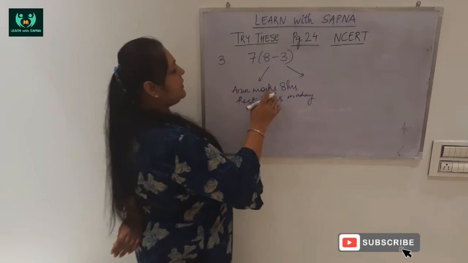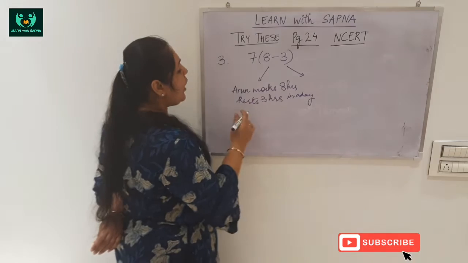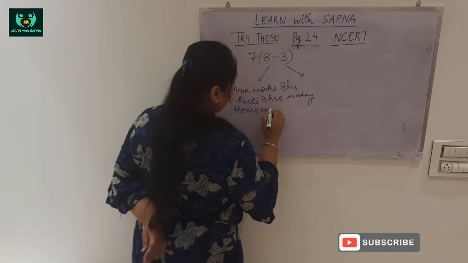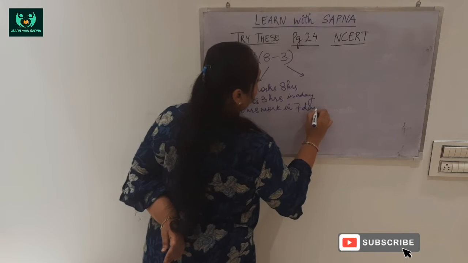A person is working for 8 hours, he is resting for 3 hours. So how many hours does he actually work in 7 days?